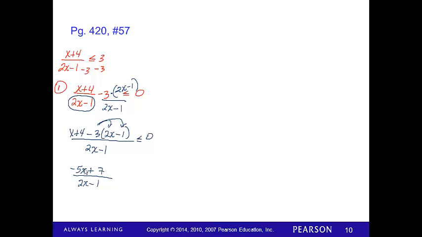Alright, hold on for a second. Let me verify myself. Negative 6x plus 1, negative 5x, positive 3 plus 4, 7. Good. Less than or equal to 0. So now we move on to step 2, which was to set the numerator and the denominator equal to 0.